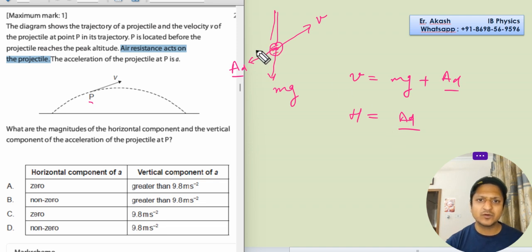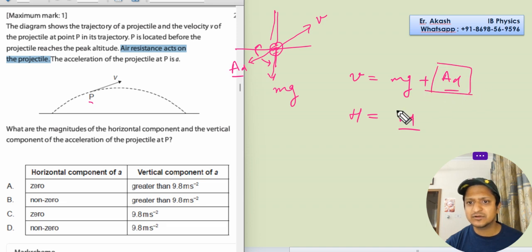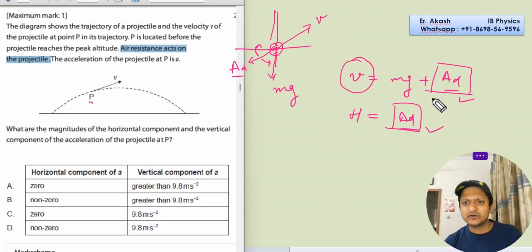A little component will shift there and a little component will come there. The complete calculation of how much the component vector will be we will do in another course, but for this question we know that the vertical force is a little more than mg, and the horizontal is not zero but a little bit of air drag.